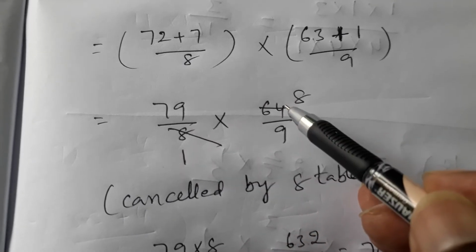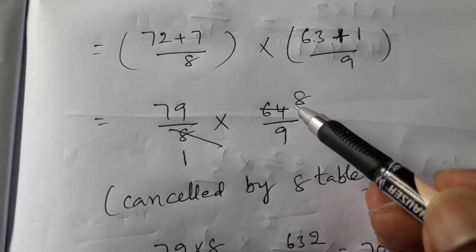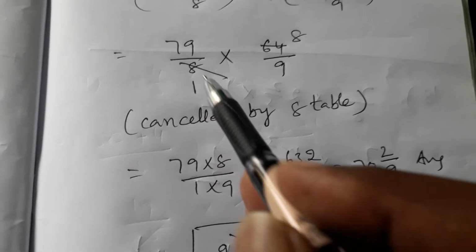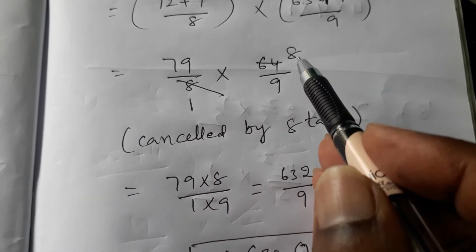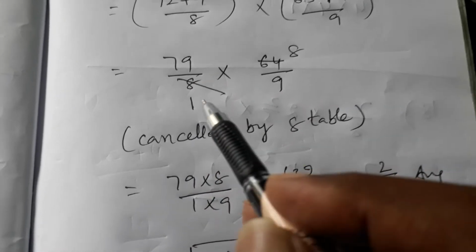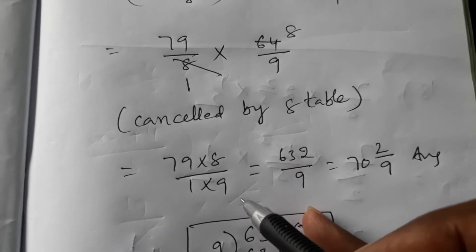8 and 64: 8 ones are 8, 8 eights are 64. Now what is the final remaining? Remaining numerators are 79 times 1, and remaining denominators are 1 times 9.